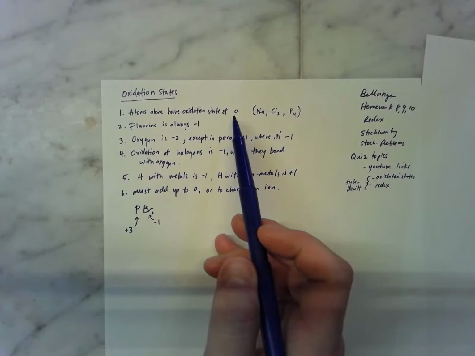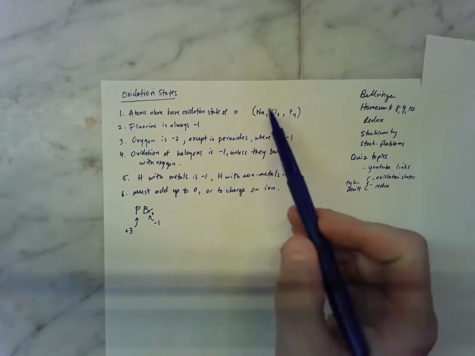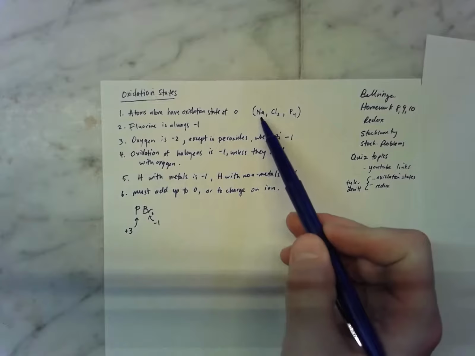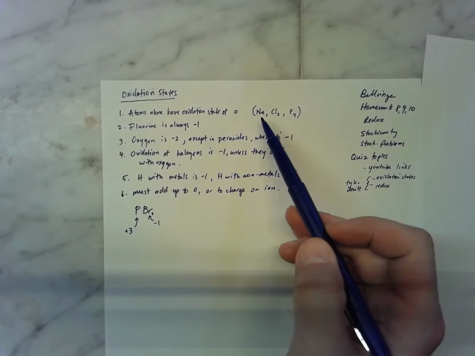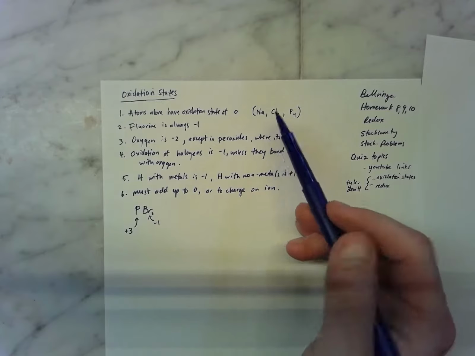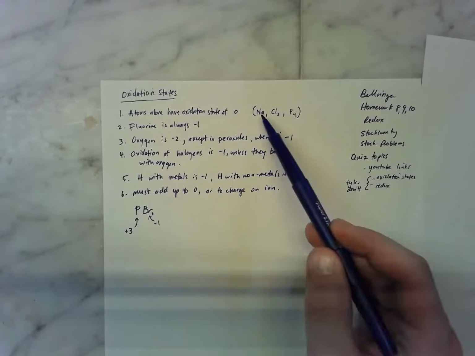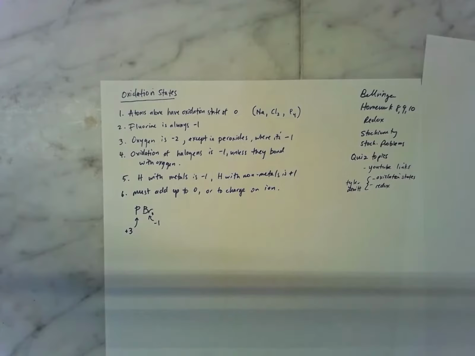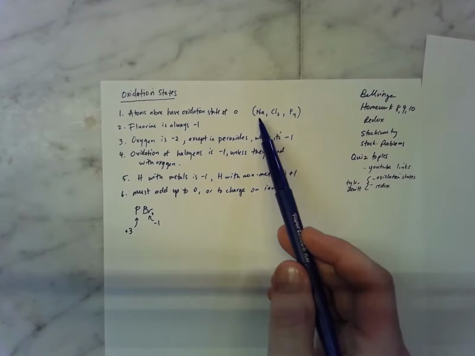Okay, and remember that's because, first of all, if he's by himself, we assume that atoms are in a neutral state, unless we have some reason to believe that they're not. Okay, so they should have an oxidation state of 0, because remember, oxidation state has to do with whether the electrons are being added or taken away from that neutral state. So if they're in that neutral state, it should be 0.